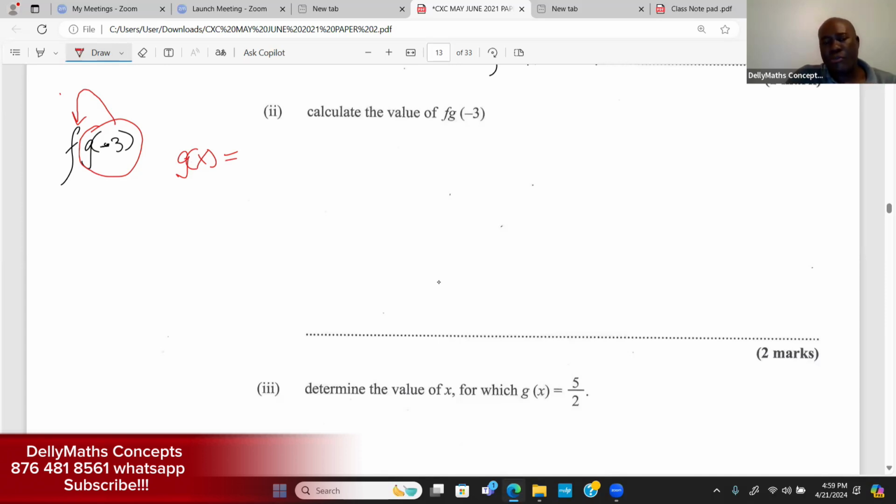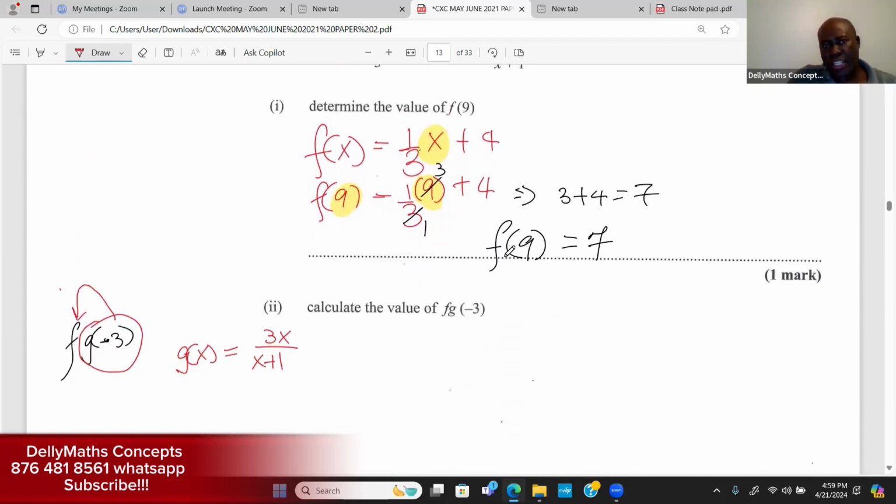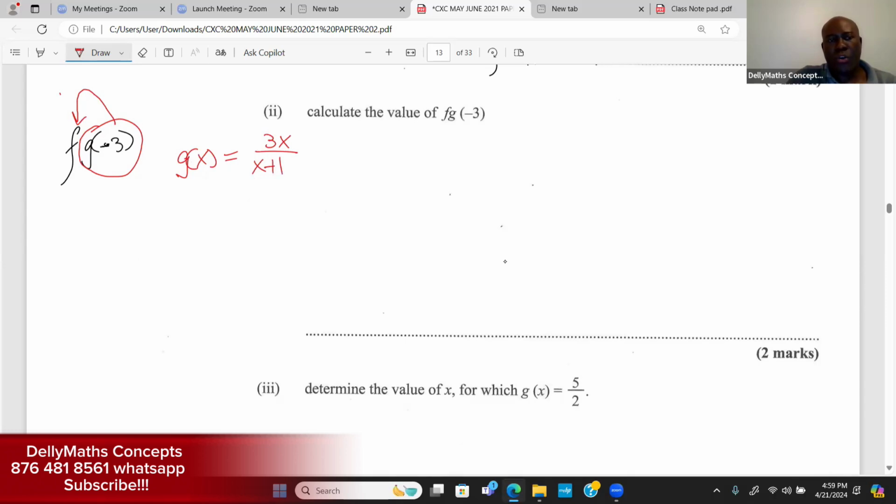So let's go for g of x. Let me write it. It was given as 3x over x plus 1. Let me just make sure. 3x over x plus 1. All right, so my intention is to find g of -3. So that -3 will go everywhere where x is.